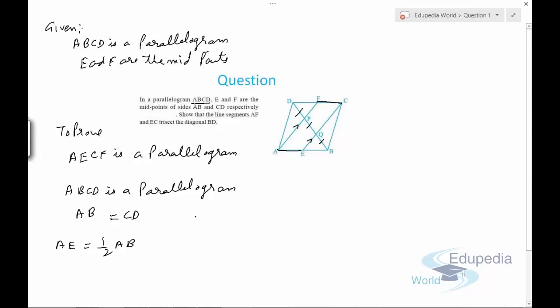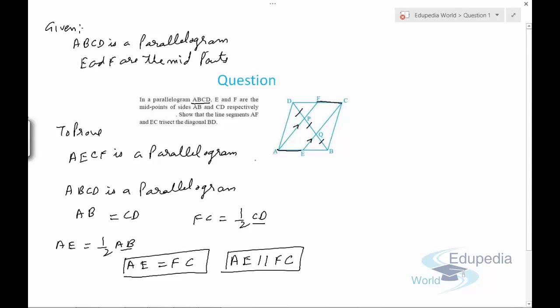Similarly, FC is half of CD. Since AB and CD are equal, AE equals FC, right? And AE is parallel to FC. So one pair of opposite sides is equal and parallel, so it's a parallelogram. So AECF is a parallelogram.